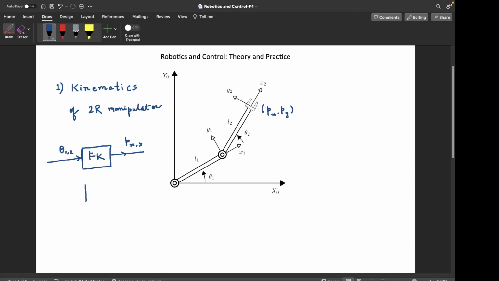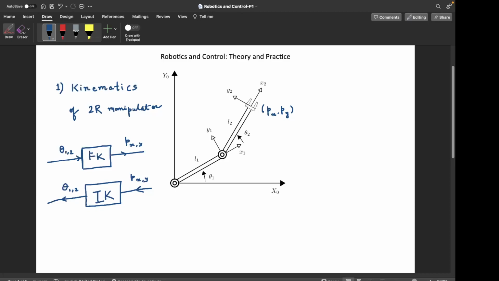And we have inverse kinematics. Let me draw this actually in the opposite direction. So here we input the end effector position, and we would like to know the joint angles.